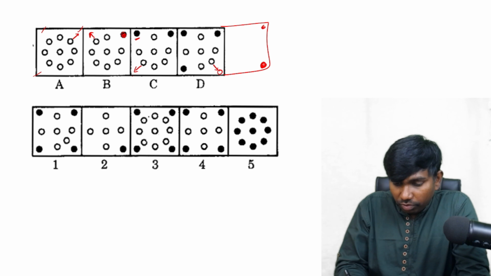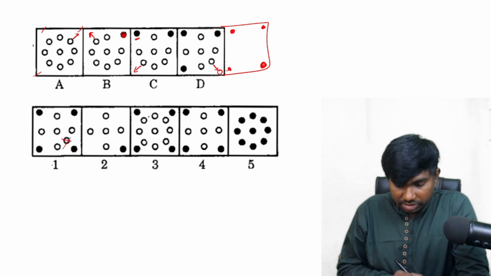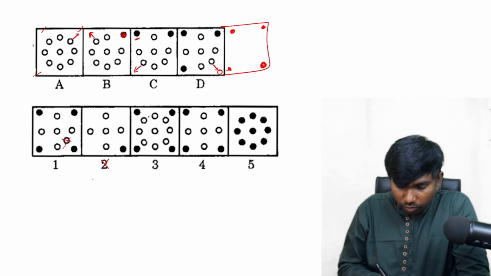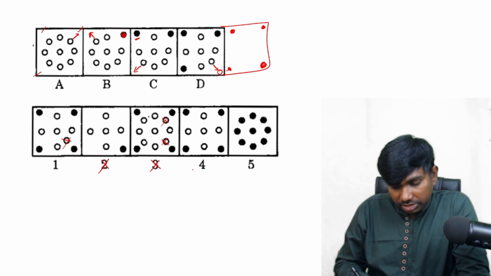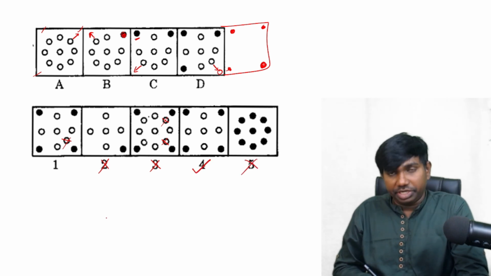This means 4 corners have shaded circles, and there should not be any extra. Here there are no 4 corner circles. Here there are circles in the 4 corners, but there are extra circles as well. So the answer is figure 4. And here all the circles are shaded only.